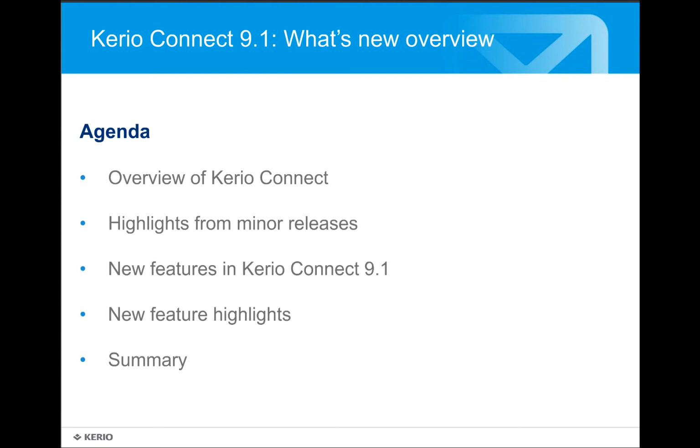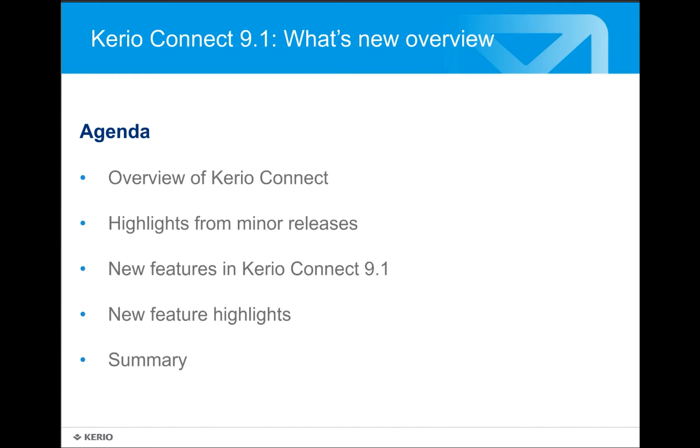So here's roughly what we're going to cover today. I'm going to start off with an overview of Kerio Connect. So remind those who've been with us before about what Kerio Connect can do, and go over a high-level overview for those of you who are new to Kerio and new partners with us. Over the first half of this year, we did more than just build Kerio Connect 9.1. We also had a couple of minor releases, and I'd like to make sure that we cover what we built in those two releases as well.